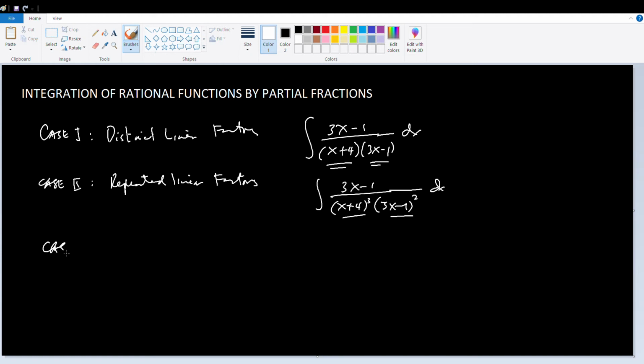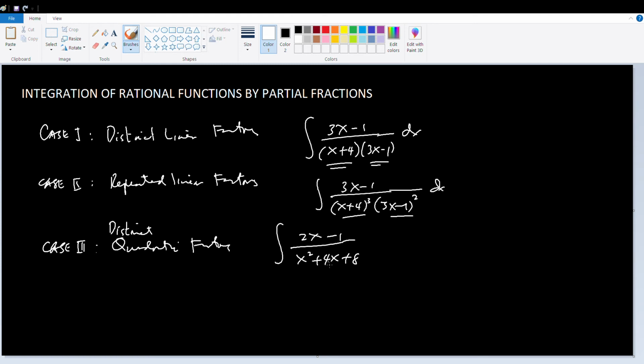Then we will go to case 3, wherein we have distinct quadratic factors. For example, you have 2x minus 1 all over x squared plus 4x plus 8. This is a quadratic factor, and say there is another quadratic factor, x squared plus 4.